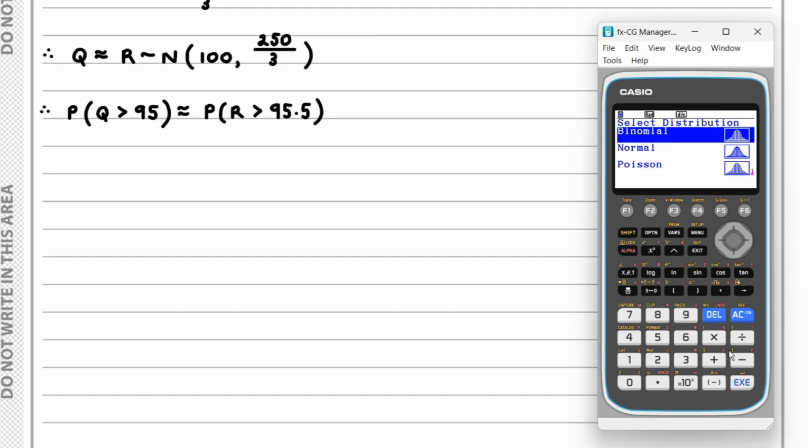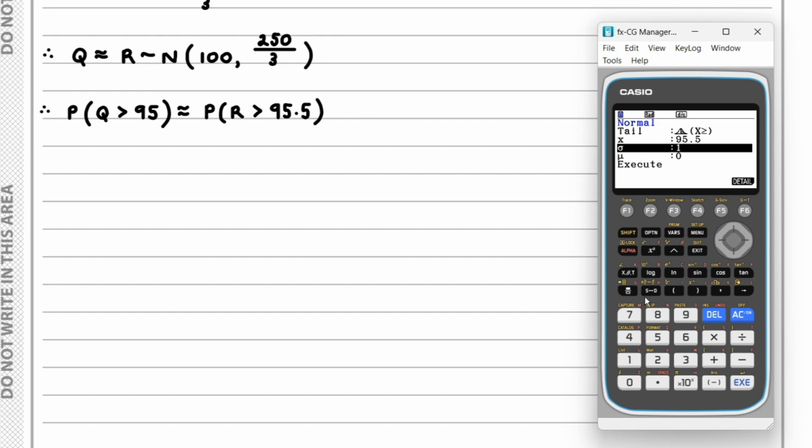From the distribution menu, if we go to the normal distribution submenu, we want x is greater than or equal to, so press F3. X in this case is 95.5.